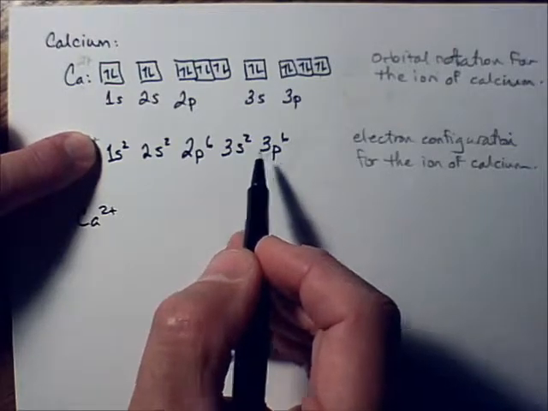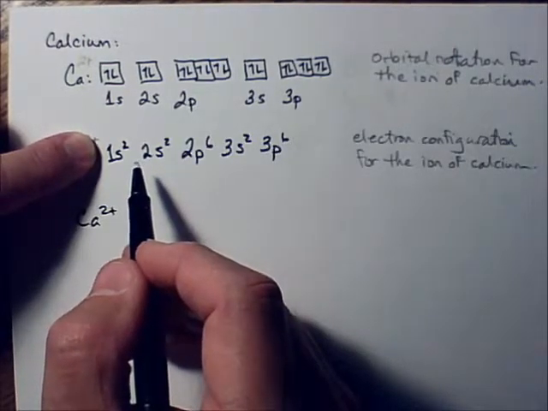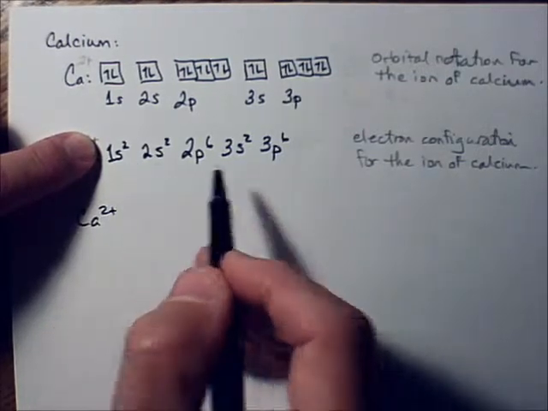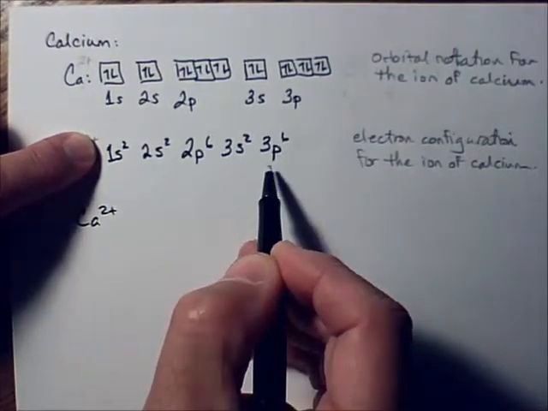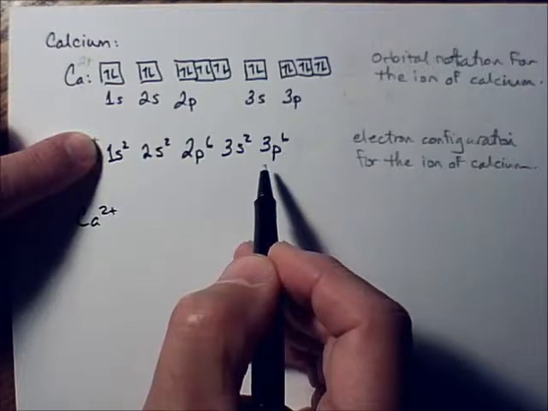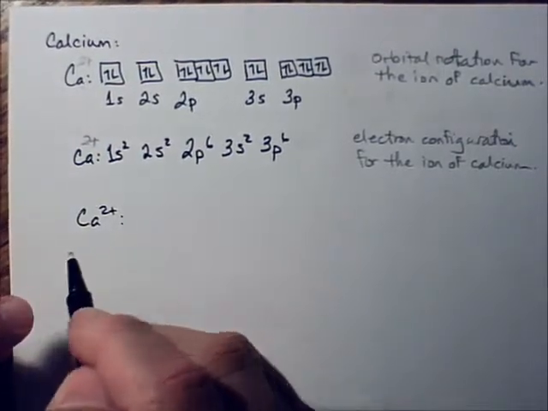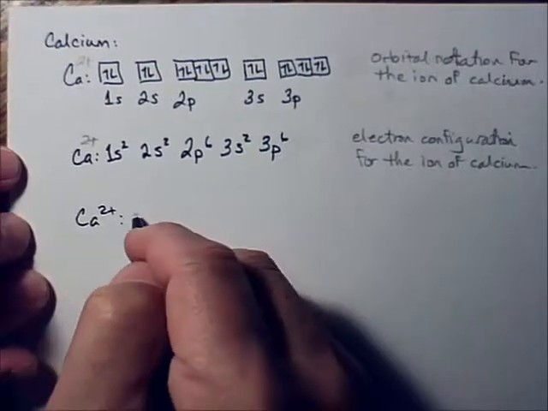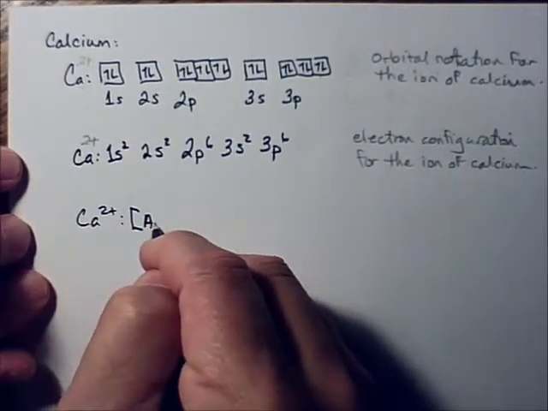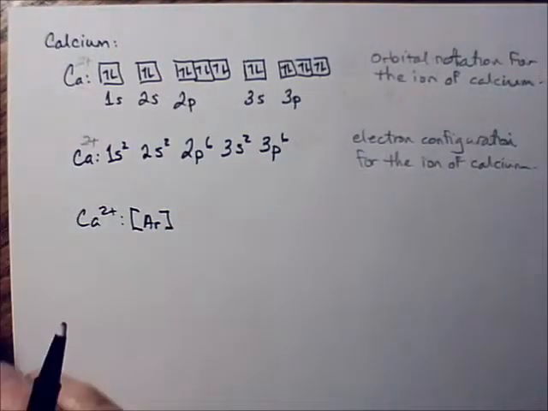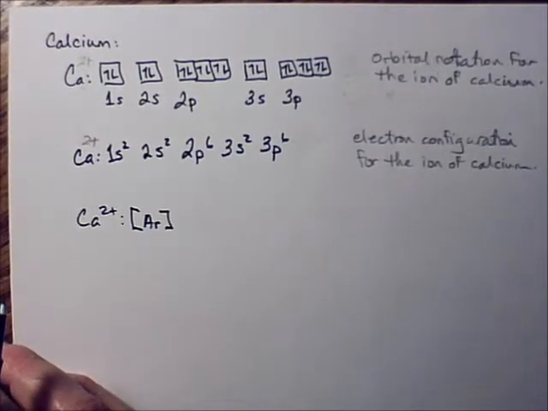Guys, pay attention. This is important. If you're not listening, you won't know. That is the configuration for argon. So the calcium ion's noble gas configuration is that.